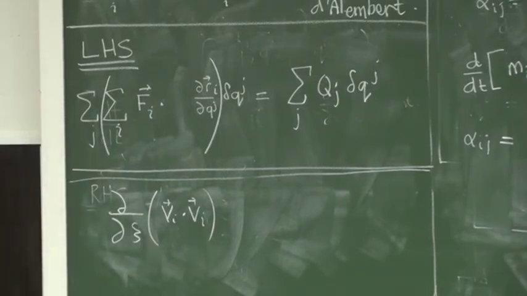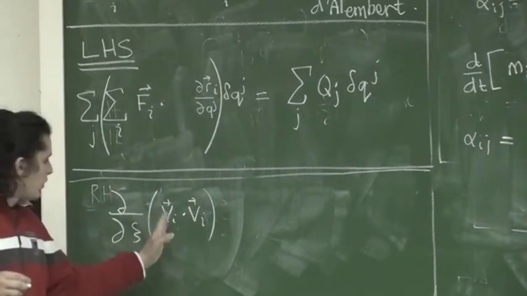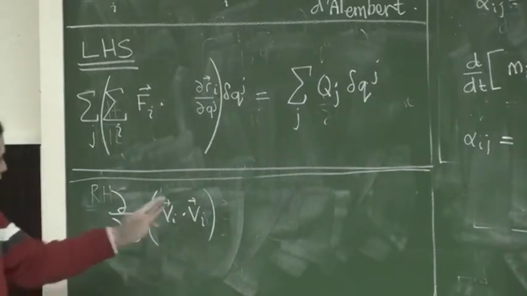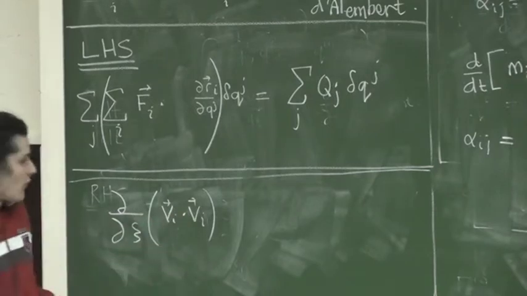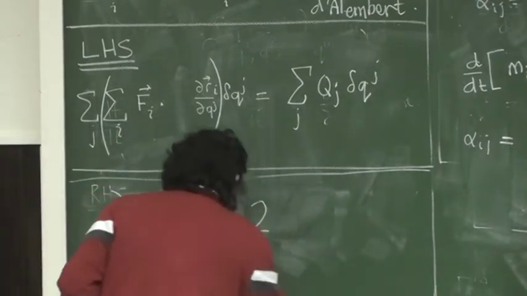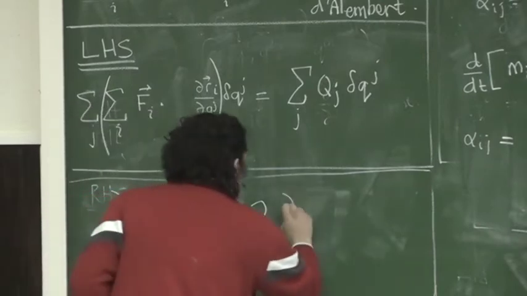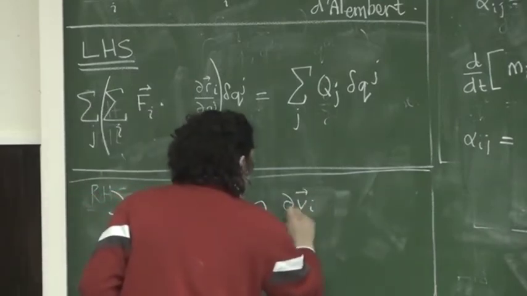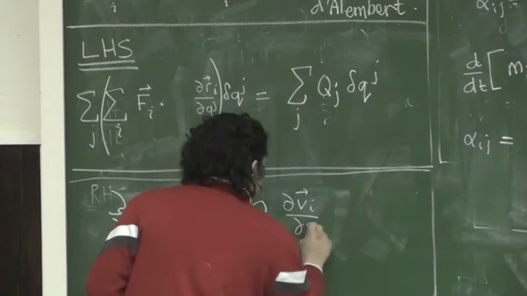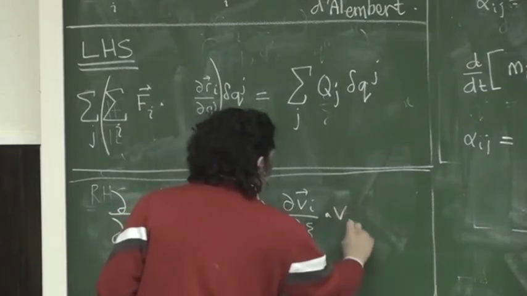So some people are saying 2. Correct. I use the product rule. First differentiate this one times this one, then differentiate this one times this one. So I get 2 del vi by del xi dot vi.